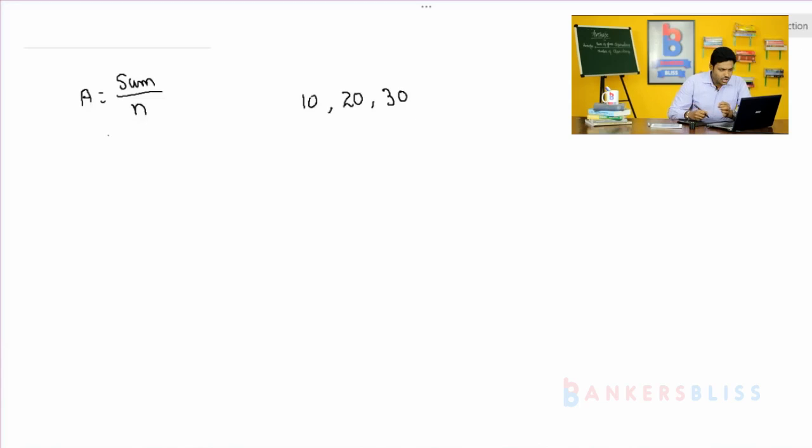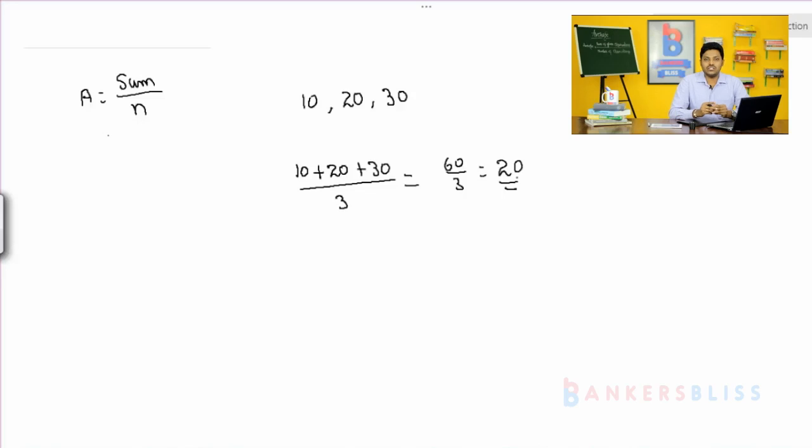So according to the formula, sum means 10 plus 20 plus 30, that is the sum, divided by total number of items, that is 3. So which is equal to 60 by 3, which is equal to 20. So the average for these three values is 20. So this is the middle value.